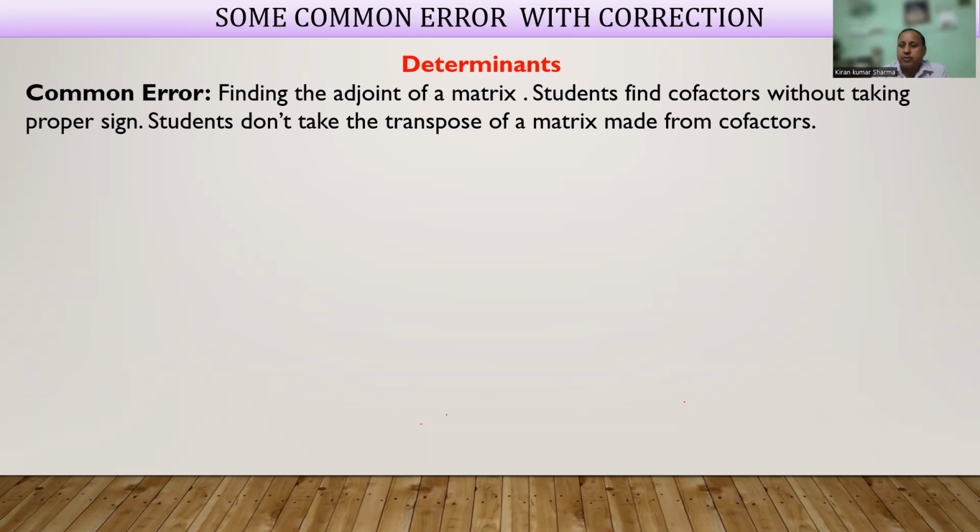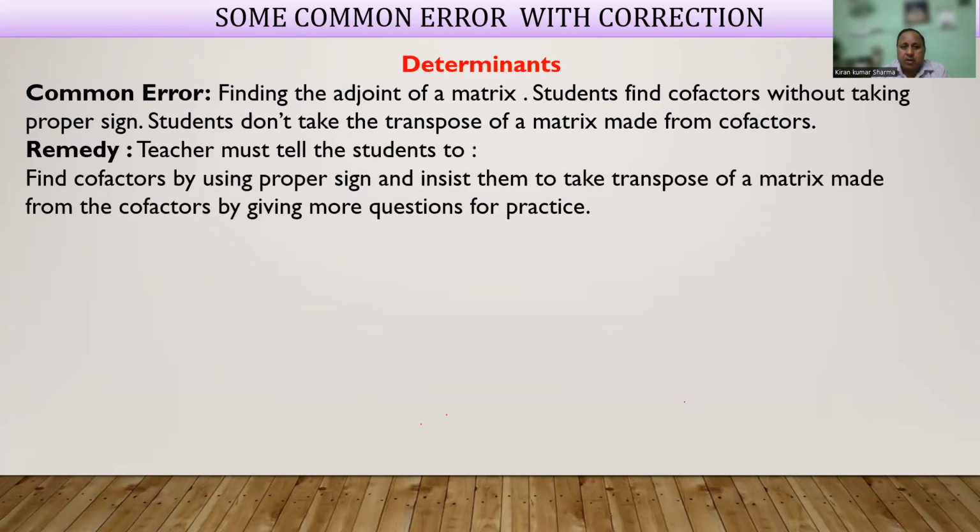They find all the cofactors, but when we write the adjoint of a matrix, they forget to find the transpose. So the teacher must tell students to find cofactors using proper sign and insist on taking the transpose of the matrix made from the cofactors by giving more questions for practice. In this way, we can remove this error.